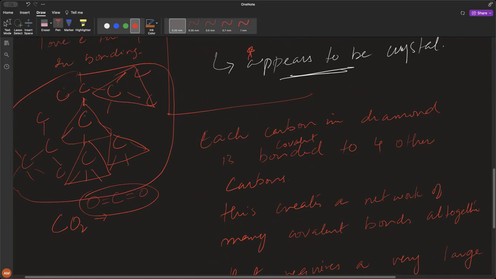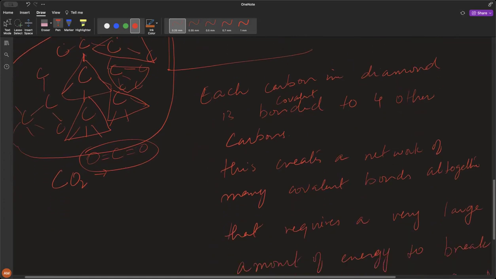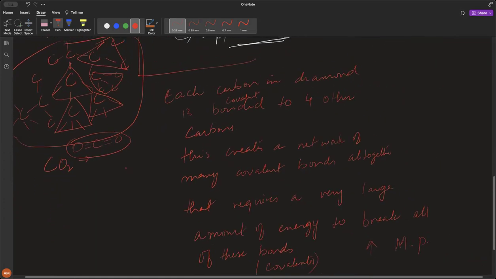So this is how it generally appears, right? It keeps on making crystals like these, and it makes a tremendous amount of covalent bonds all together. They form a very strong network of covalent bonds.